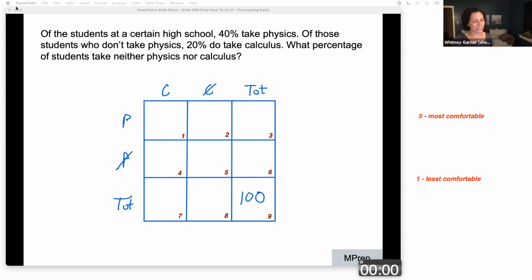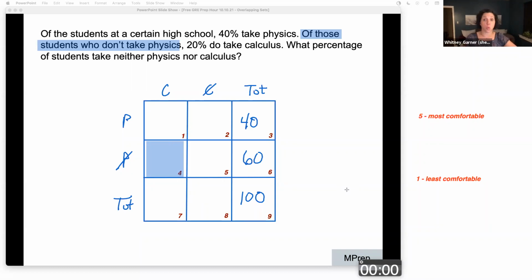Cool. All right. So I'm starting to see some answers coming in now. So if there are 100 people and 40% of them take physics, that would just be 40. So that means 60 people do not take physics. Now here's where you have to be really careful. Of the people who don't take physics, so of these 60 people, 20% of them do take calculus.